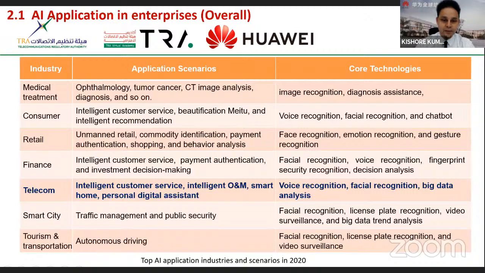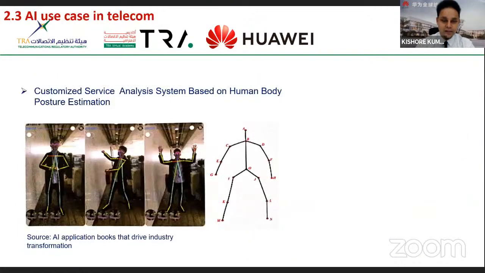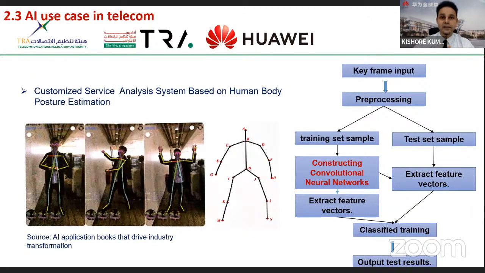Right, so at the end, I'm going to finish with one use case of AI in the telecom industry. In a telecom booth, or you can say service places, this AI application is implemented, where through image recognition, we can find out our customers' situation.